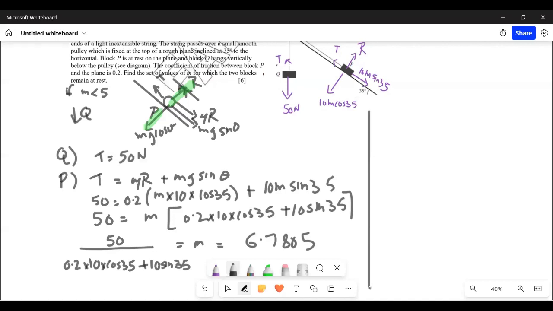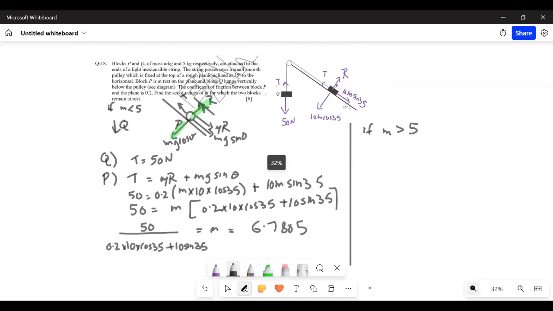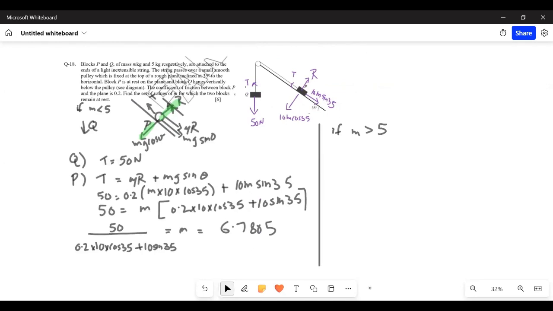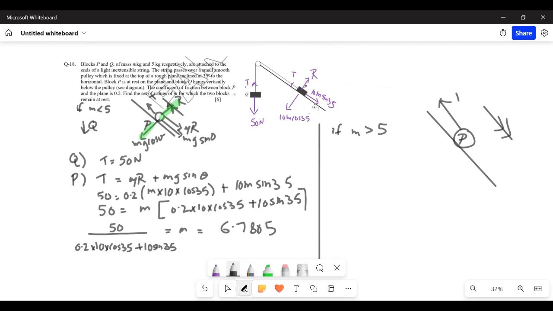Okay. So now we're going to assume that if m is greater than 5, that is, the weight of P is greater than the weight of Q, then block P should be moving downwards. So then the friction should be in the opposite direction, μR. Also, there's tension in this direction since the rope is upwards, and the only downward force is going to be mg sin θ.